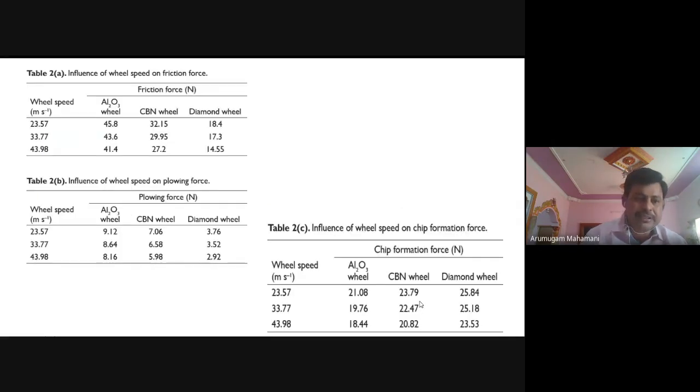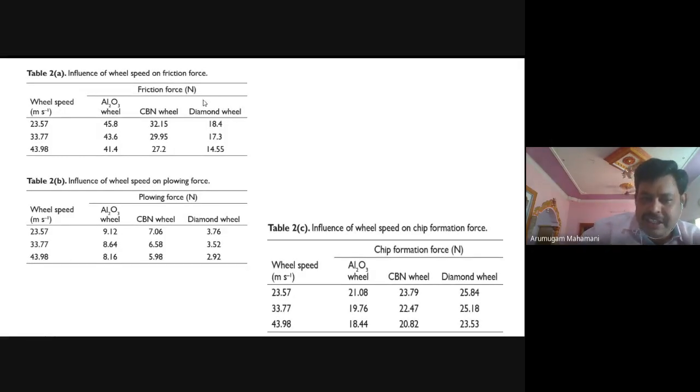So my observation: wheel speed on friction force. We estimated friction force, ploughing force, and chip formation force. When you increase the wheel speed, the chip formation force decreases. Looking at the diamond wheel, it has less friction, because diamond is the king of all ceramic materials.